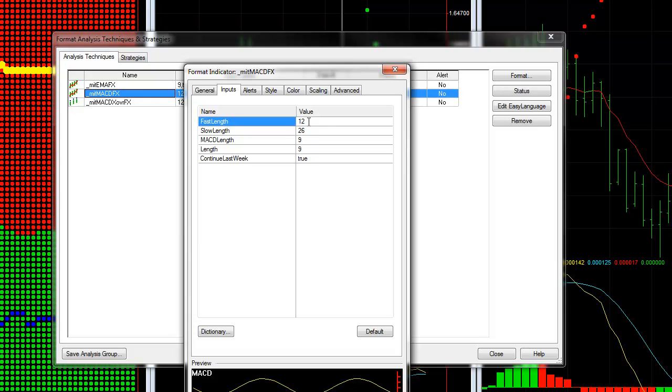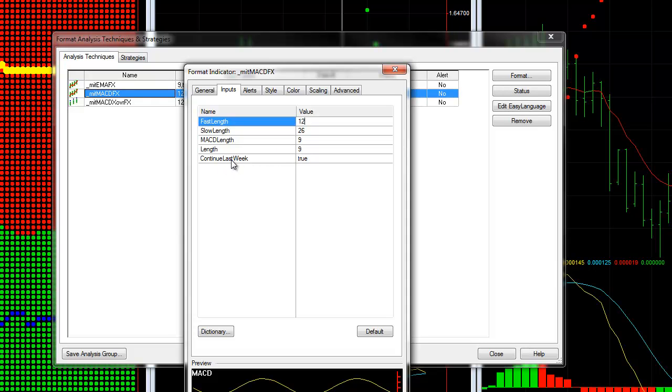There's a fast length, a slow length, and a smoothing length, currently set to 12, 26, and 9. The subsequent length is for a moving average that is used internally to this. And the continue last week input does not affect the coloring of the matrix.